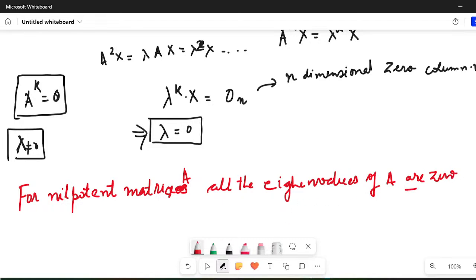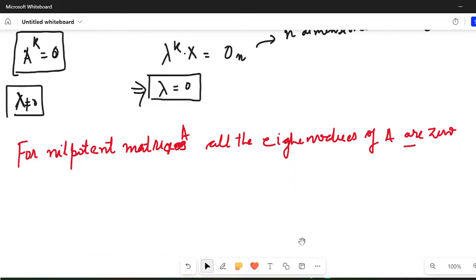In fact, there would be a single eigenvalue only, that is 0. Okay, is that clear? I hope it is quite clear to you.